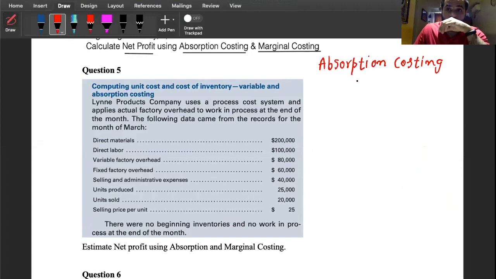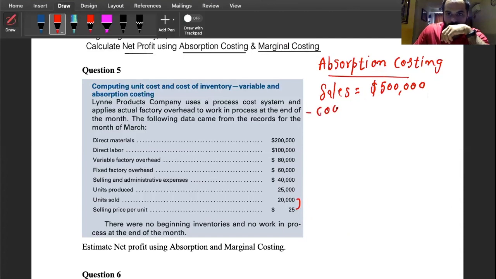So start with the sales. How much is the sales? Tell me quickly, how much is the sales? Sales is 500,000, which is 25 multiplied by 20, which is 500. 500,000, right?